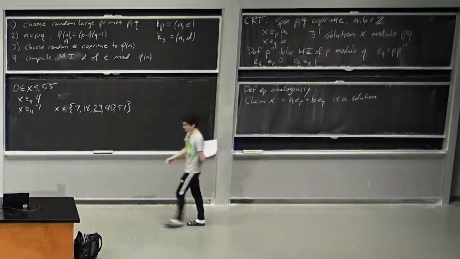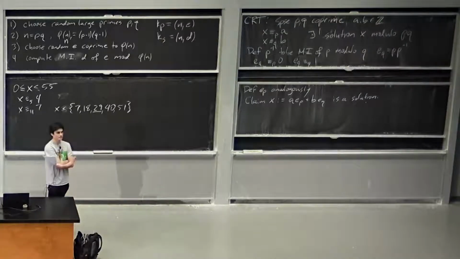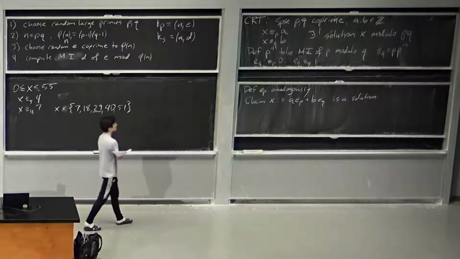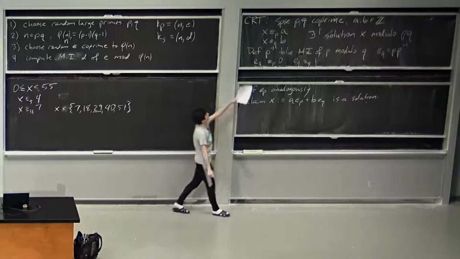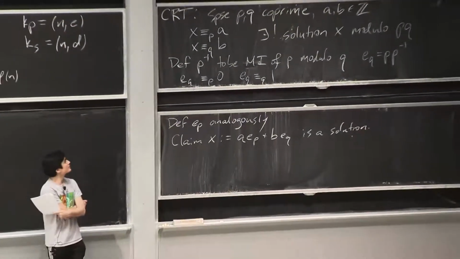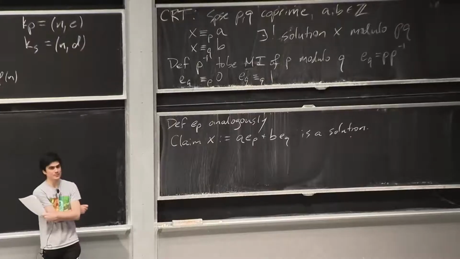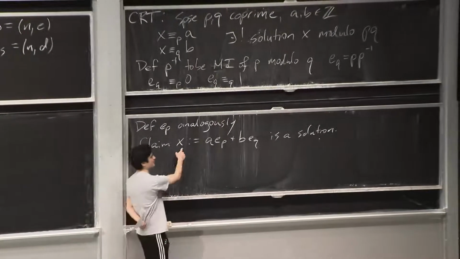So we can verify each of these two congruences separately. If we look at the first congruence, what happens if we reduce this x modulo p?